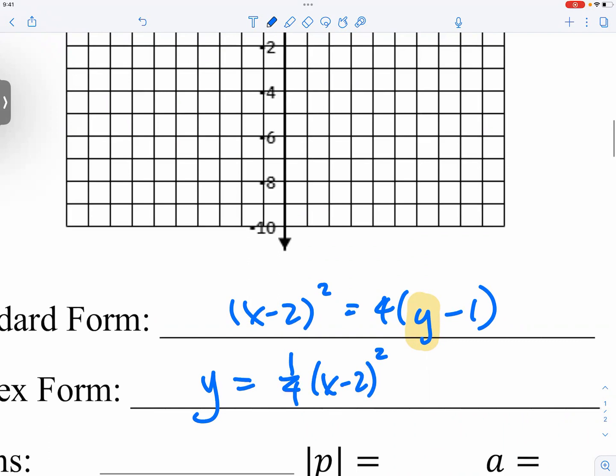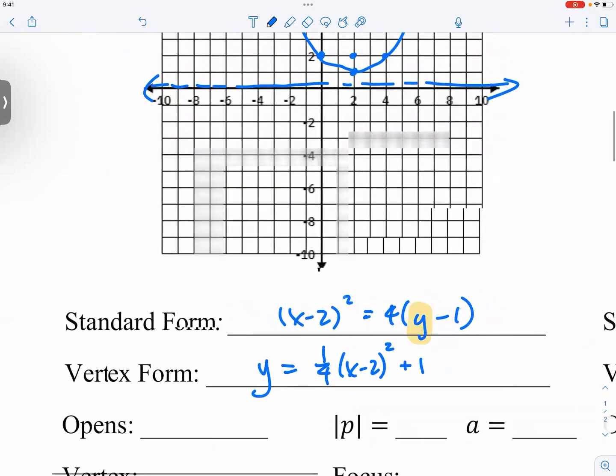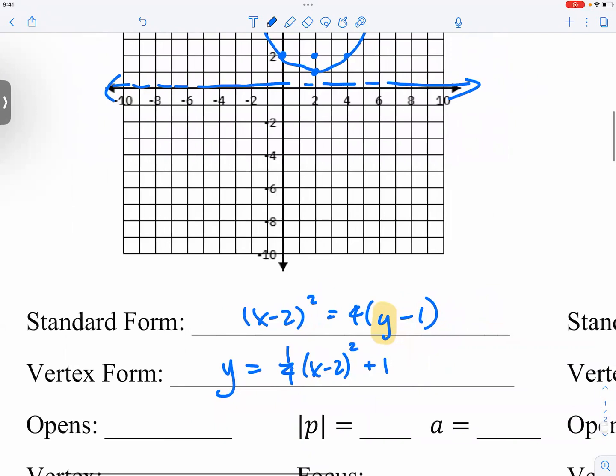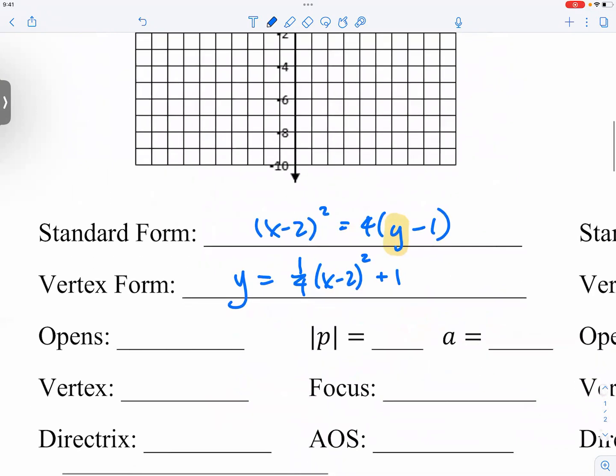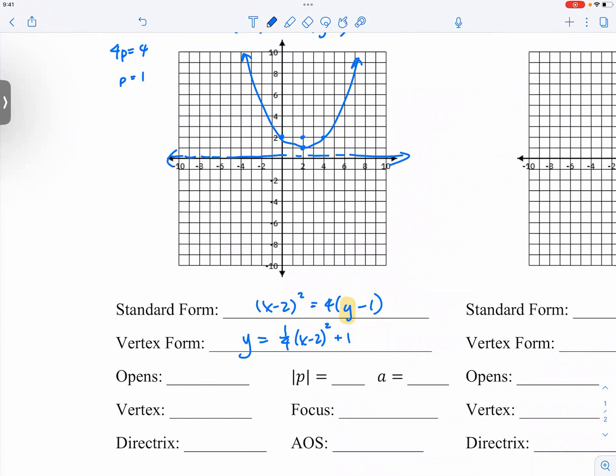And then how do you get rid of the -1? +1. So that becomes your vertex form. Again, you send the 4 over by dividing, and then at the end, you just add 1 to get rid of the -1. And voila, you get your vertex form. And you can now fill out all the blanks down below.